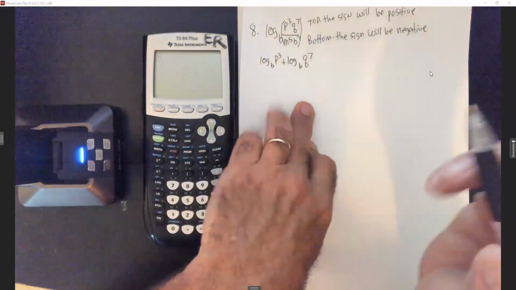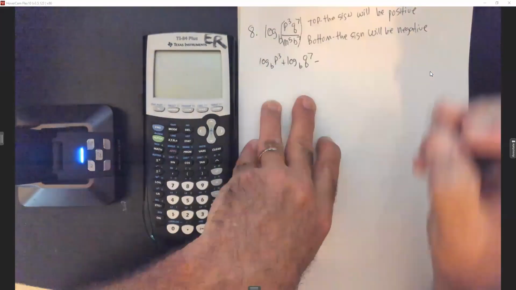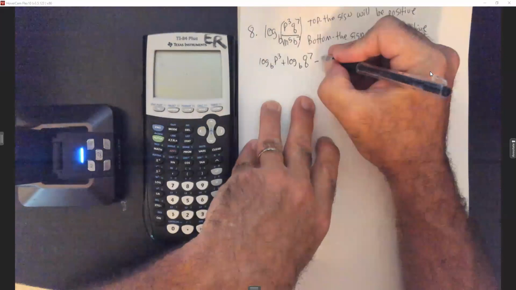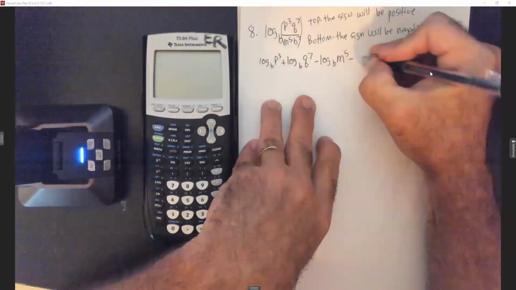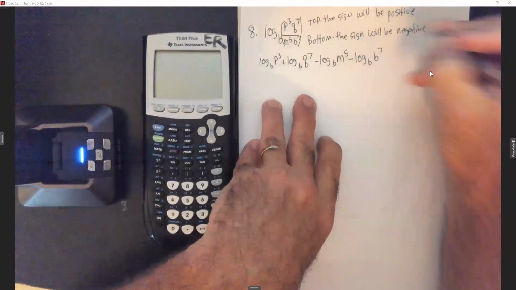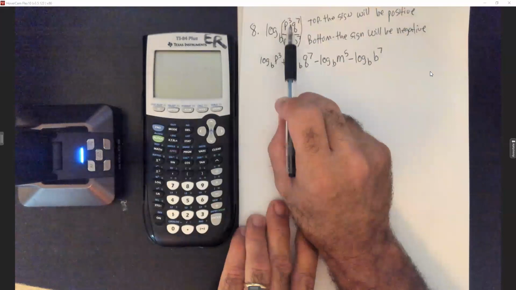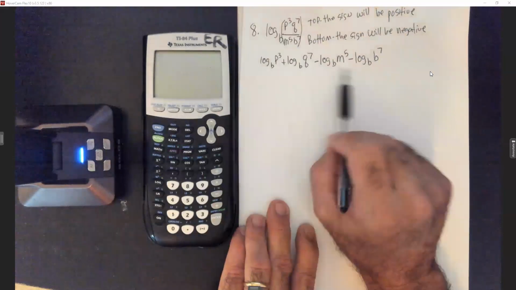Now, since the rest of these other two factors are on the bottom, they're going to be subtracted. And that'll give me a log b of m to the 5th minus a log b of b to the 7th. So fractions, tops are positive, bottoms get subtracted.